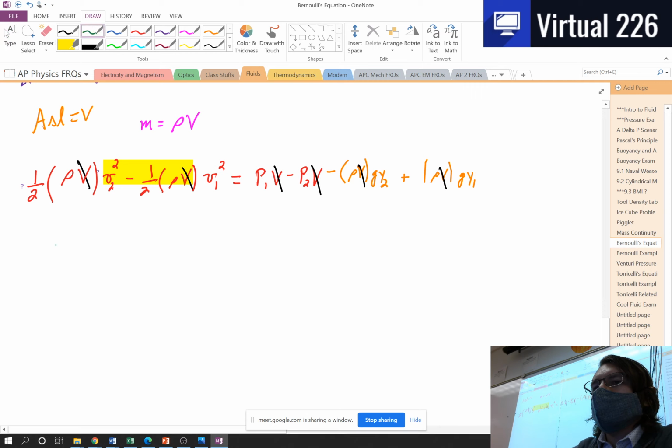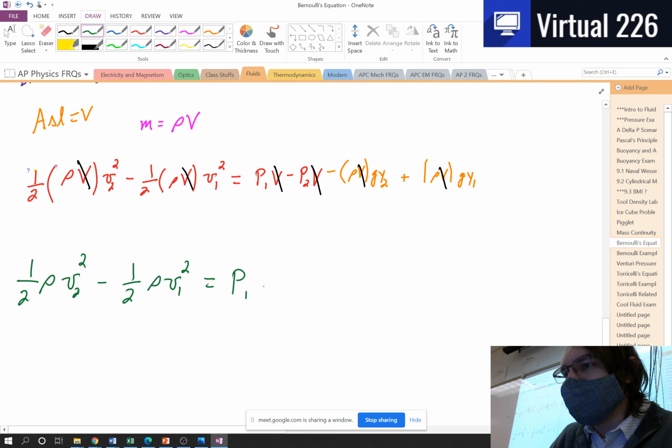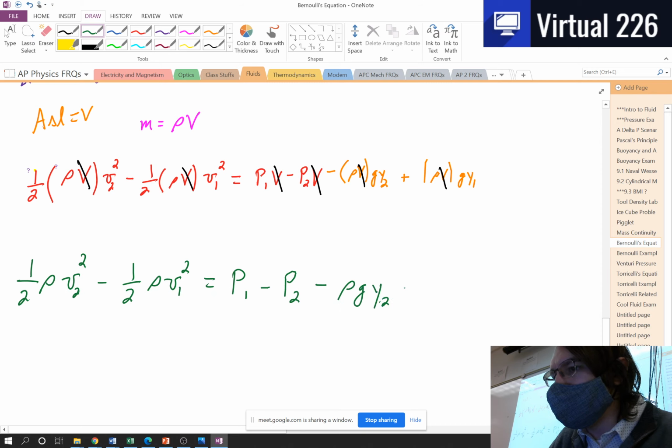So what we have now is a long equation that reads 1/2 rho v2 squared minus 1/2 rho v1 squared, where those v's are velocities, they're speeds, and that equals p1 minus p2 minus rho g y2 plus rho g y1.